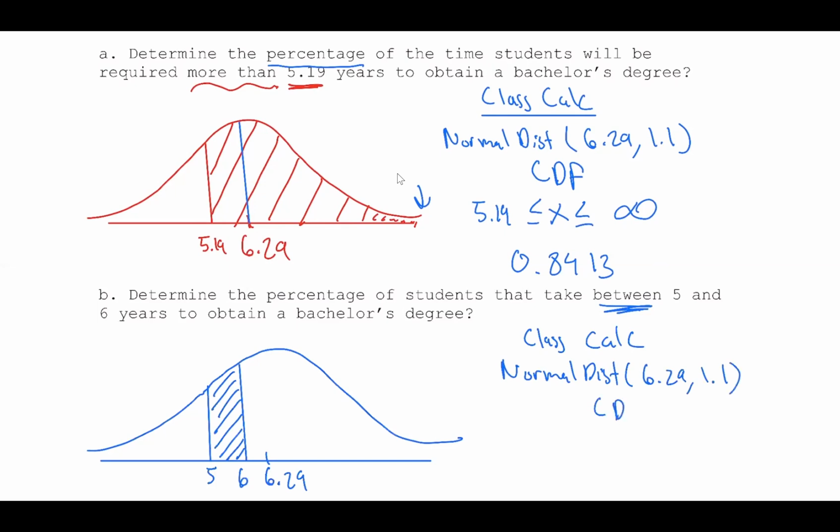We'll do CDF, and you'll say CDF of X is between 5 and 6. Once you do that in ClassCalc, it should give you the answer for that one. It shouldn't be relatively different from how we punched it in for A. It should be pretty much the same. All right, but everybody good for B? Yeah. Okay.